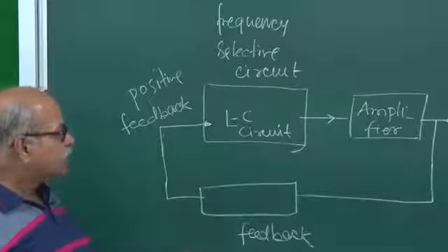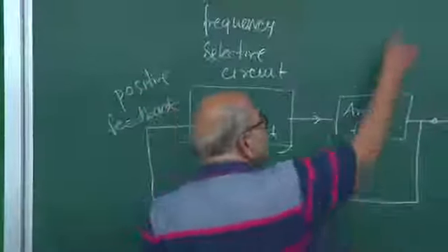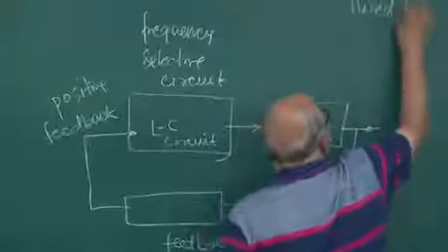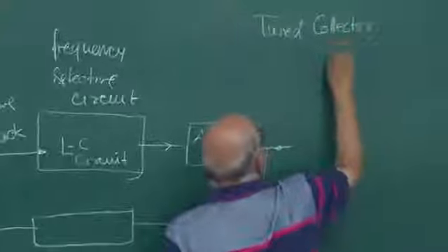So there are various ways, lots of circuits are there. We will be describing one or two. The first one is called the tuned collector oscillator.